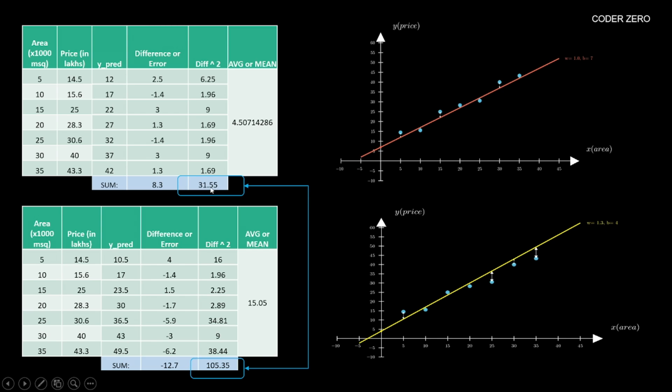If we take the mean value of this difference square, we have these values, and by comparing these two values, we can say that this line is the best fit line, and this is called the mean squared error.